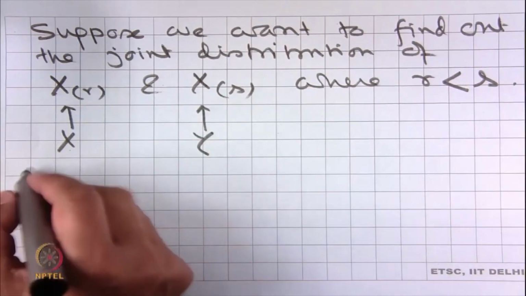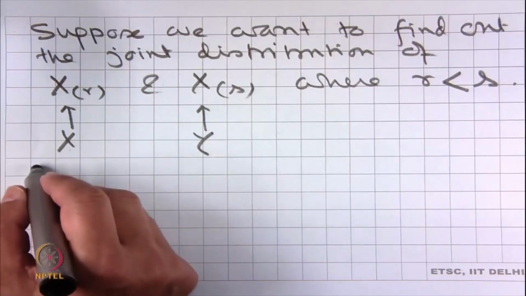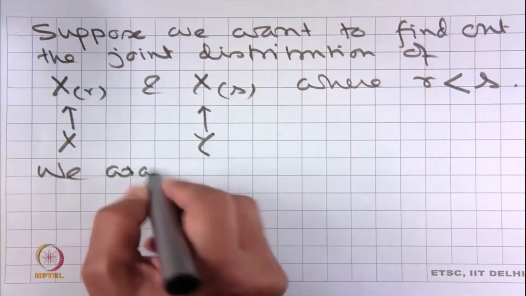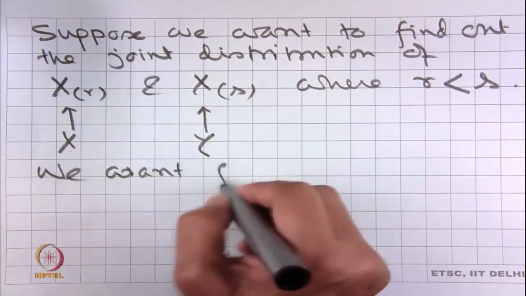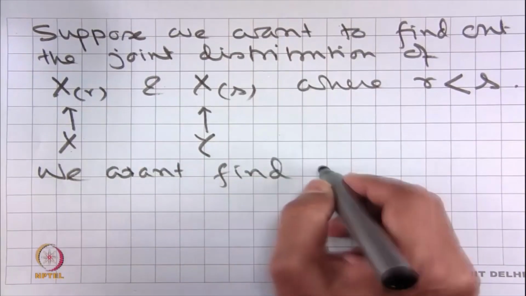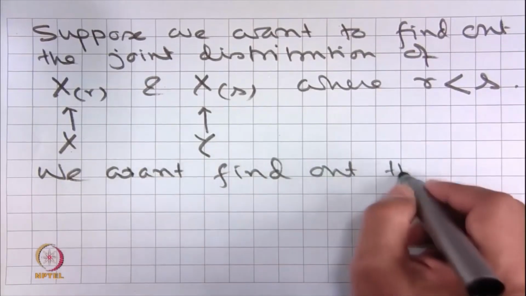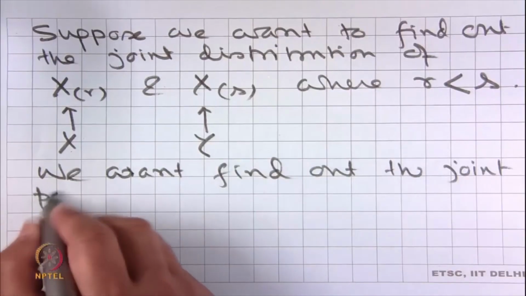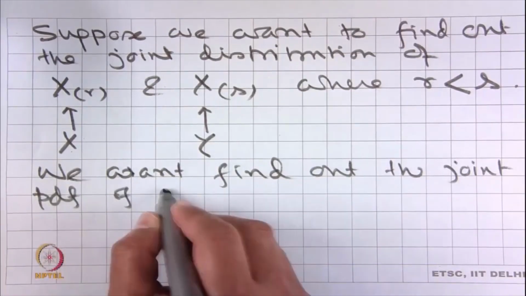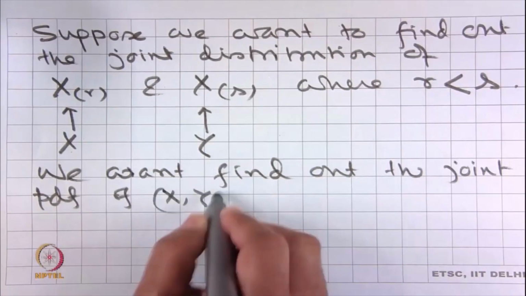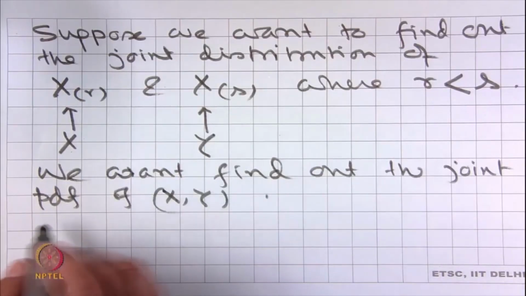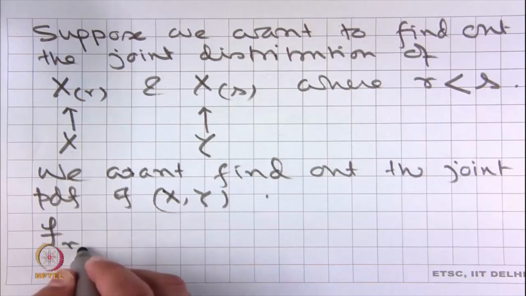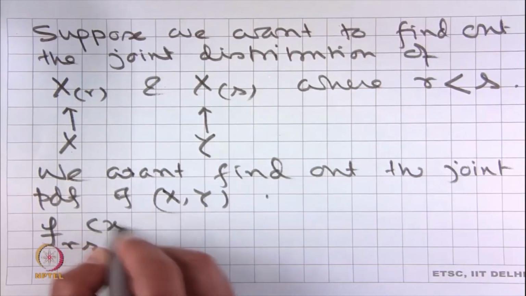So, effectively we are looking at the joint PDF, that is f of order statistics r comma s, x comma y.